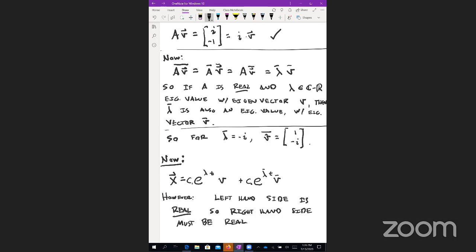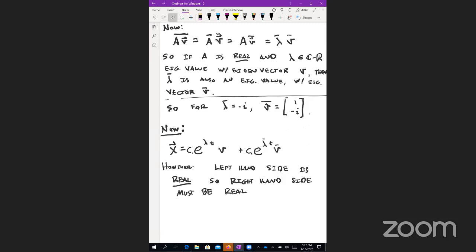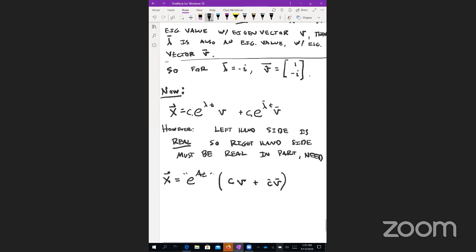So in particular, we need that x equals, let's do this heuristically, e to the a times, and the thing in here has to be real. So if we have v plus v bar, it has to be c plus c bar. Okay.